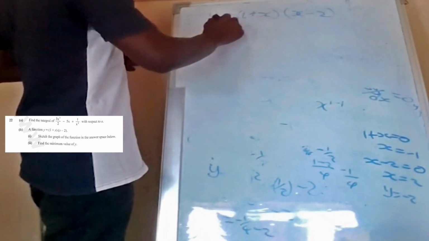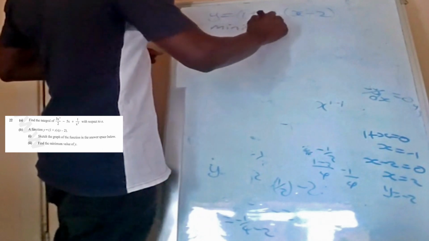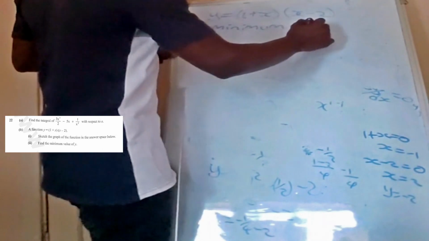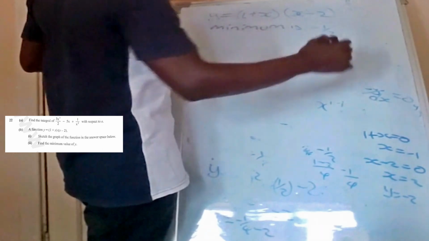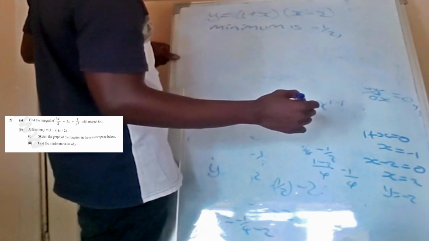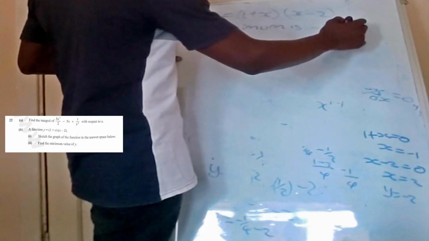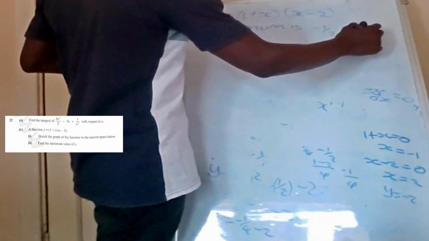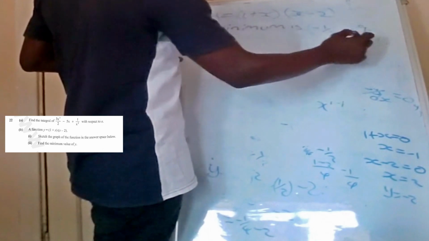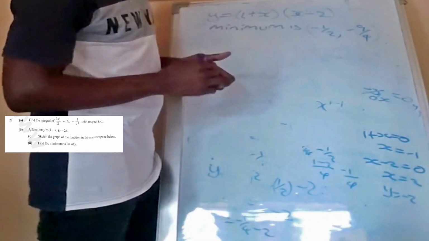So minimum is negative 1 over 2, comma, negative 9 over 4.